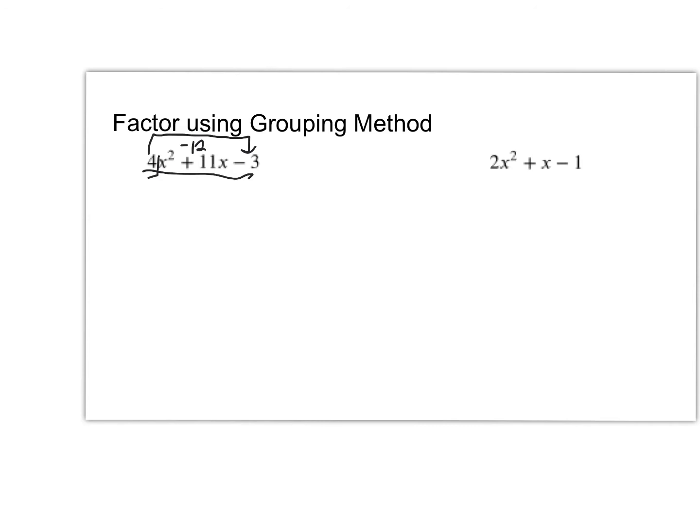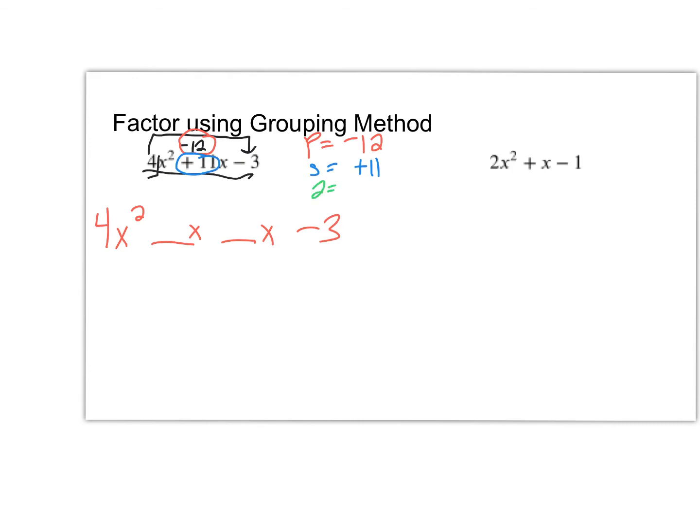All right, so let's set it up. 4x squared minus x minus 3. All right, let's do our PS2. My product is negative 12. My sum is positive 11.